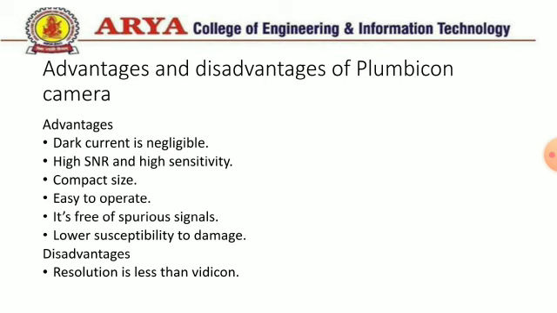Compact size, easy to operate, free of spurious signals and low susceptibility to damage. And the disadvantage is that resolution is less than Vidicon. So only one disadvantage is there.